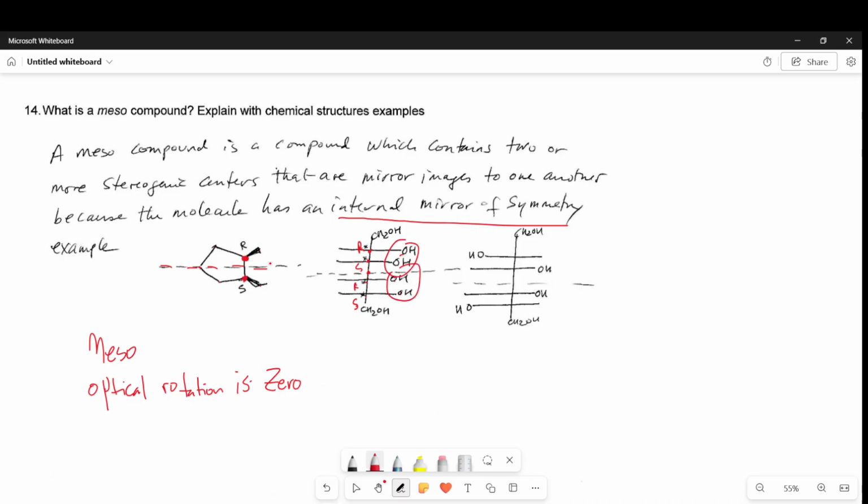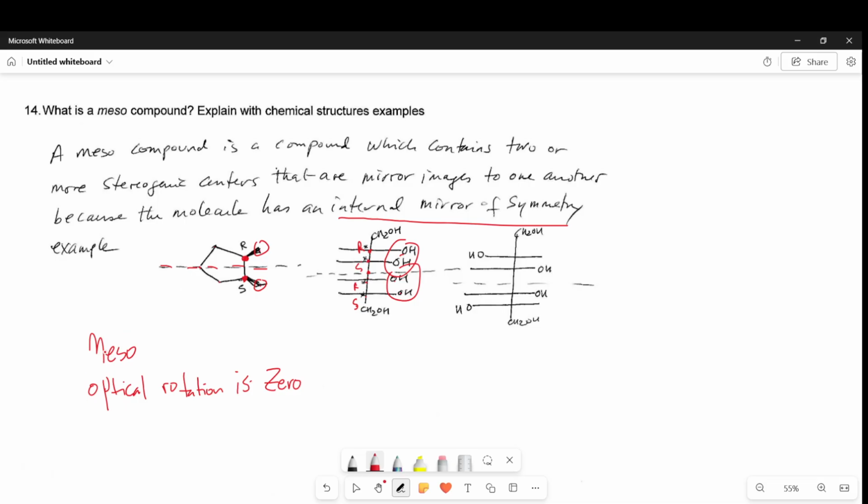So if you pass a mirror, you are reflecting both the stereogenic centers as well as the groups or the atoms themselves, exactly the same. For example, this methyl and this methyl are mirror images, the same. This R is reflected over this would be S.